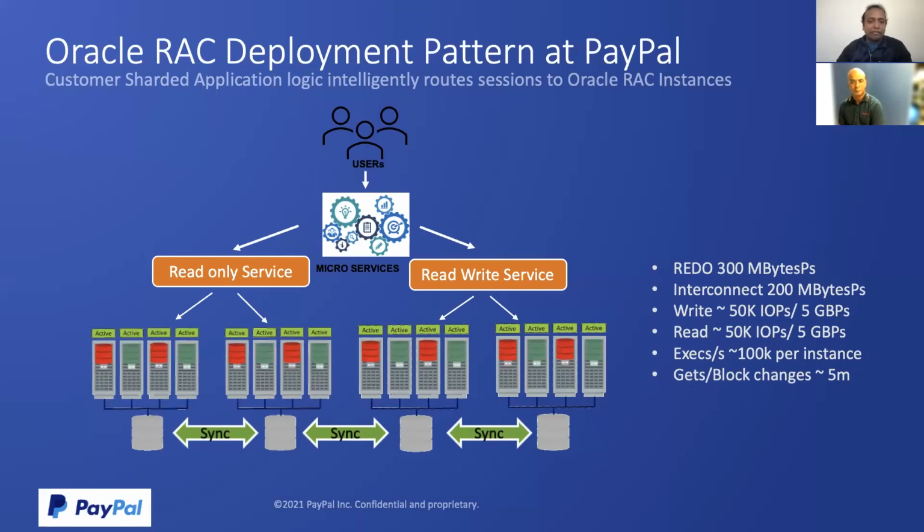Another thing I would like to mention: on a particular RAC database, we also have the ability to split reads and writes. We look at the type of query in our application and middleware, and then we route read traffic to multiple instances. As we know, read traffic scales across multiple instances, while write traffic can be routed to a single instance.